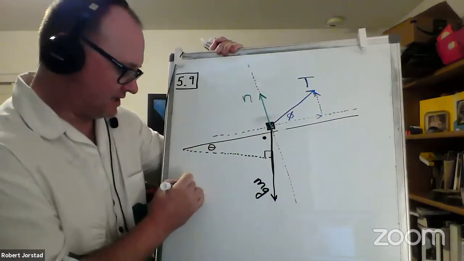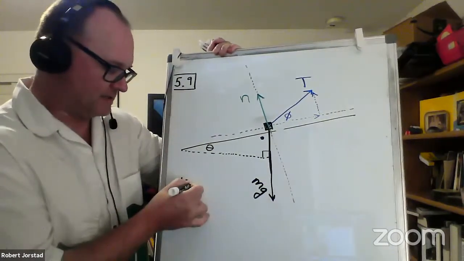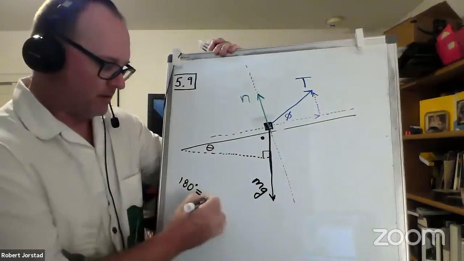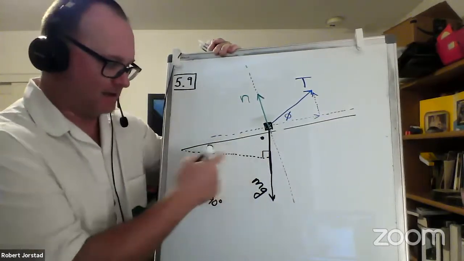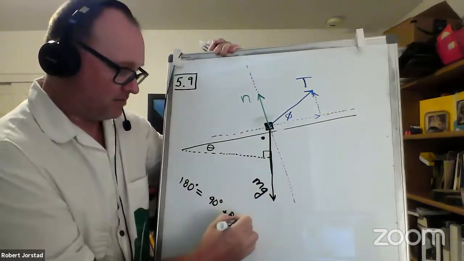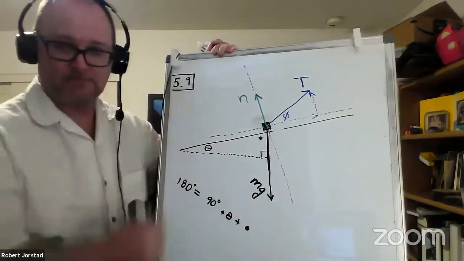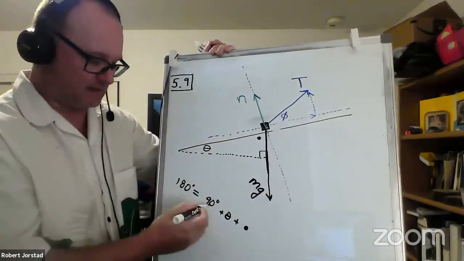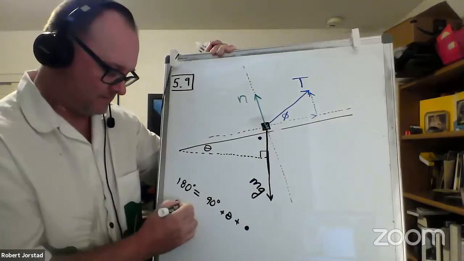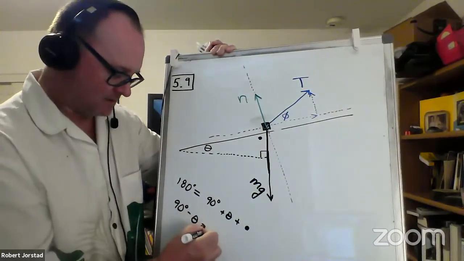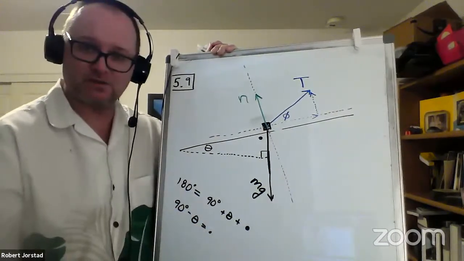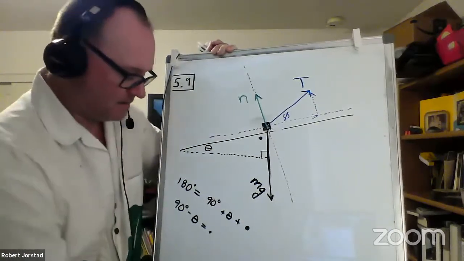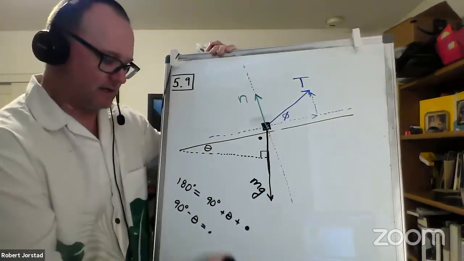So just in case you don't see that, the total number of degrees in a triangle is 180. Well, I've got 90 degrees from this right angle plus theta plus that black dot angle. And so if I subtract this over, I get 90 minus theta equals the black dot. So far, so good? If you need me to do that again, we could do it again later.